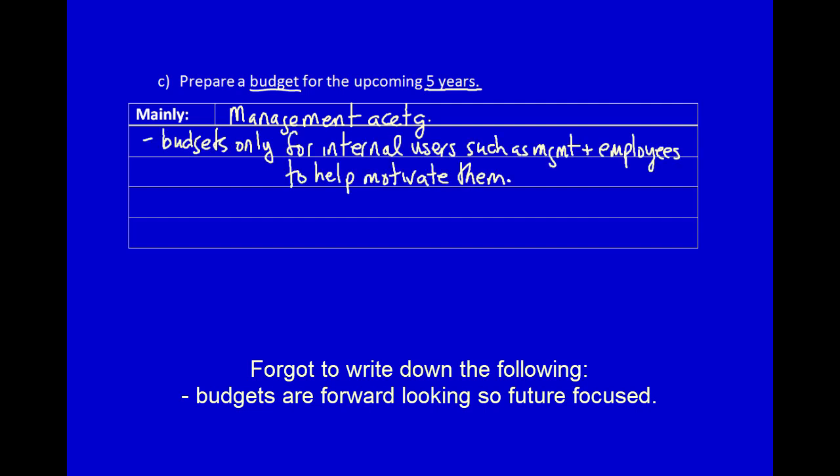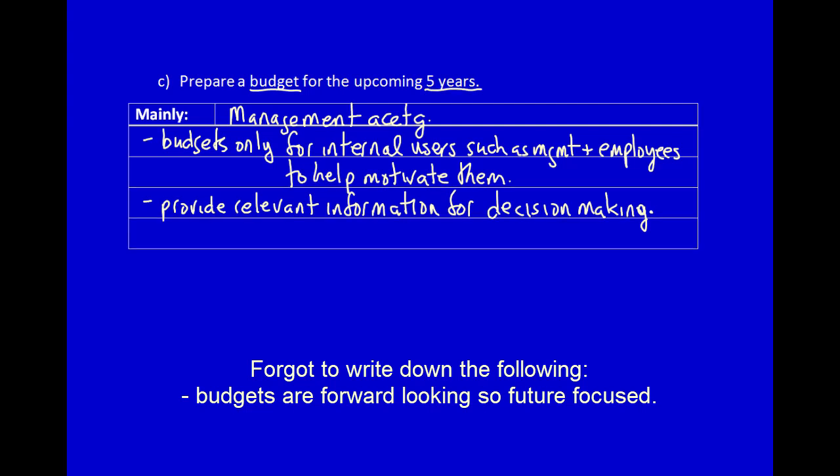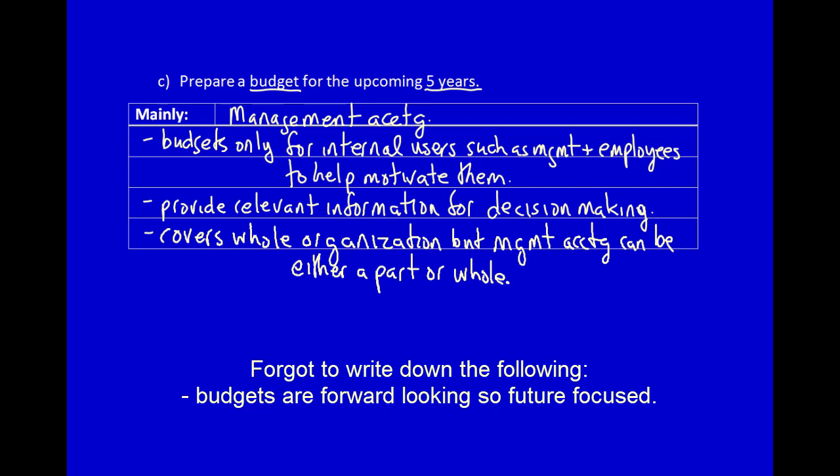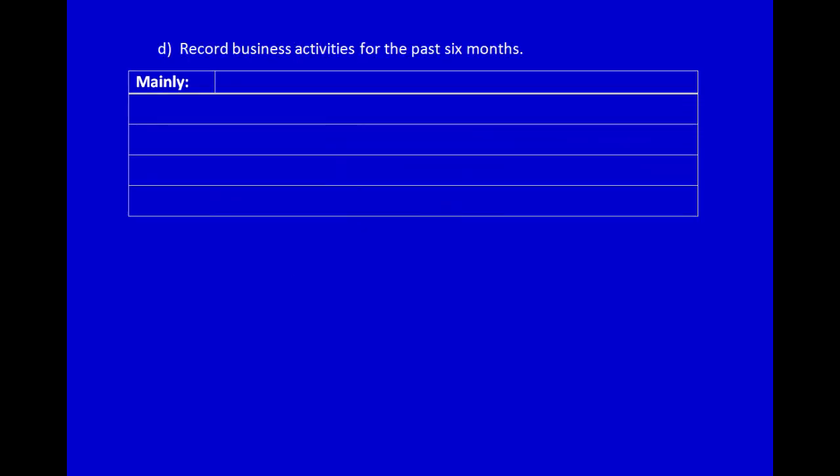The budget will provide relevant information to those internal users to help them make decisions about what to do in the future. This is different than financial accounting, which provides reliable information that is verifiable. Notice that the budget covers the whole organization, but management accounting can be either a part of the organization or the whole organization.